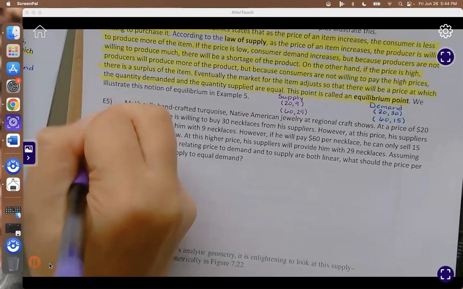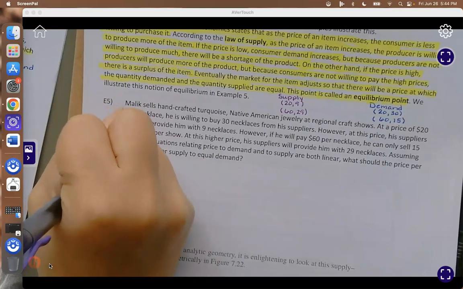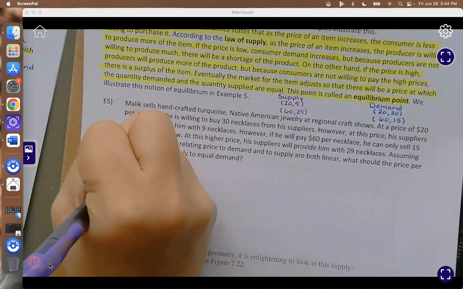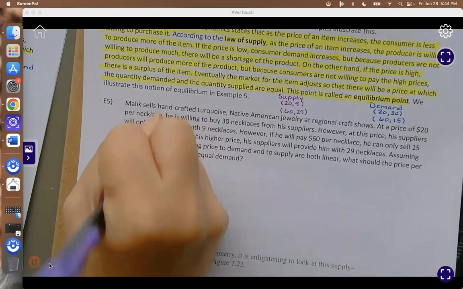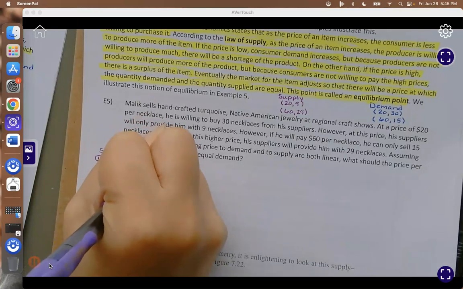Okay, so remember, we're going to find our slope first. So we're going to do 29 minus 9 over 60 minus 20.